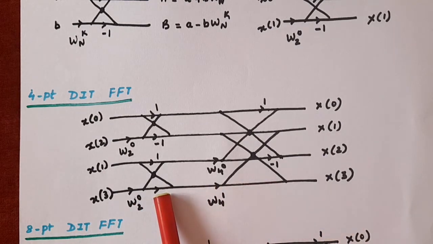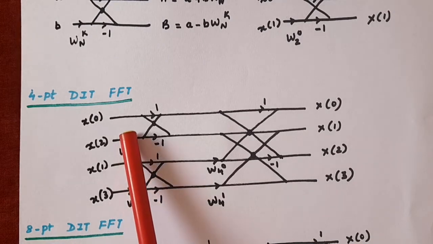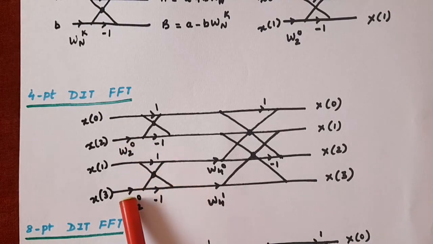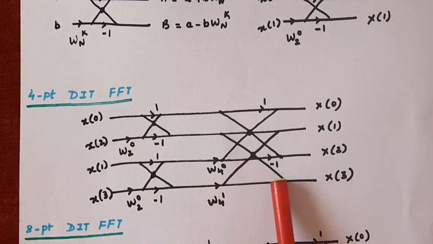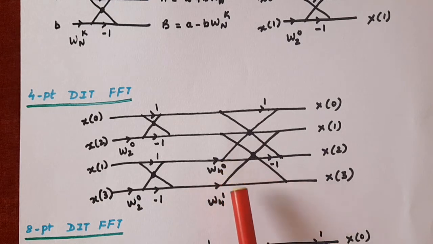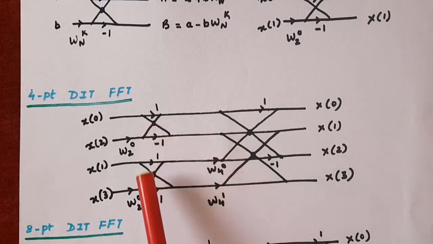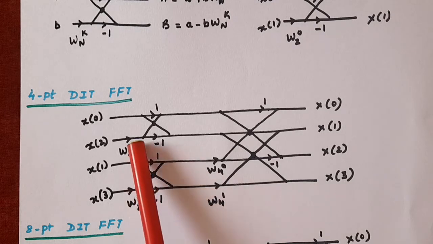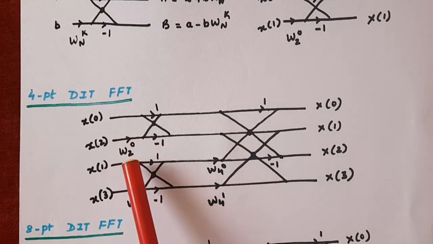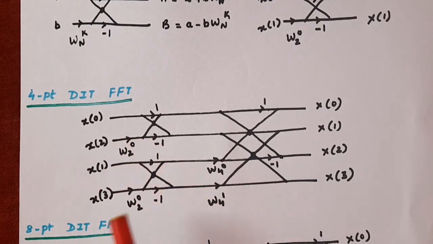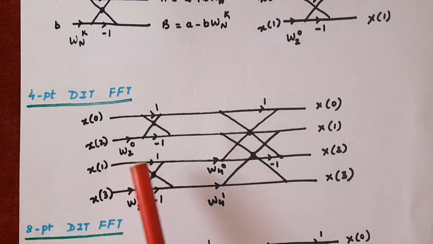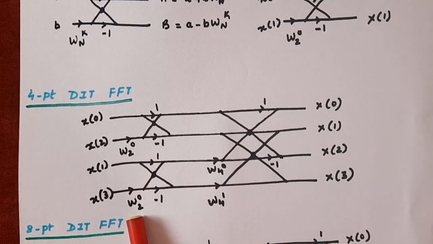The first stage twiddle factors are W2 to the power of 0 written 2 times, and for the second stage, the twiddle factors are W4 to the power 0, W4 to the power of 1. In the first stage, we are having two sets of butterflies. In DIT, the twiddle factor is written at the beginning of the second line. Here the value is W2 to the power of 0, at the beginning of the second line.